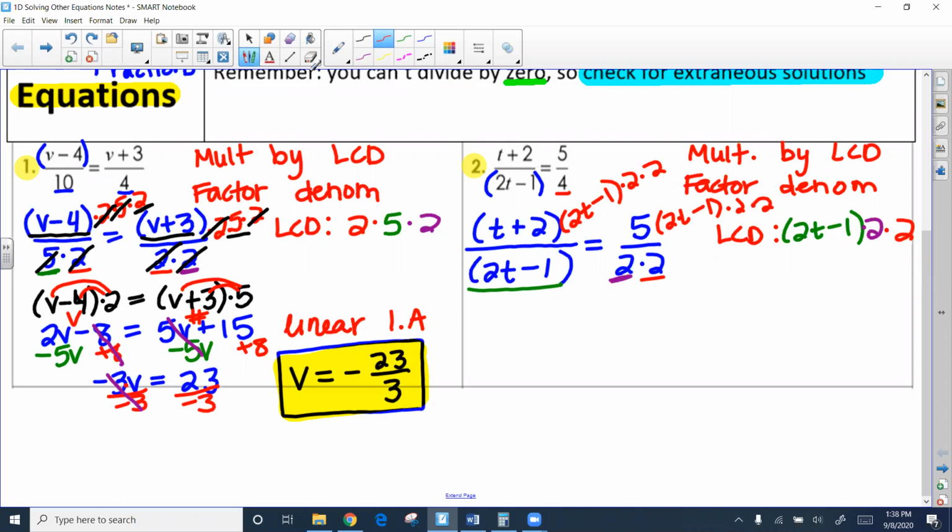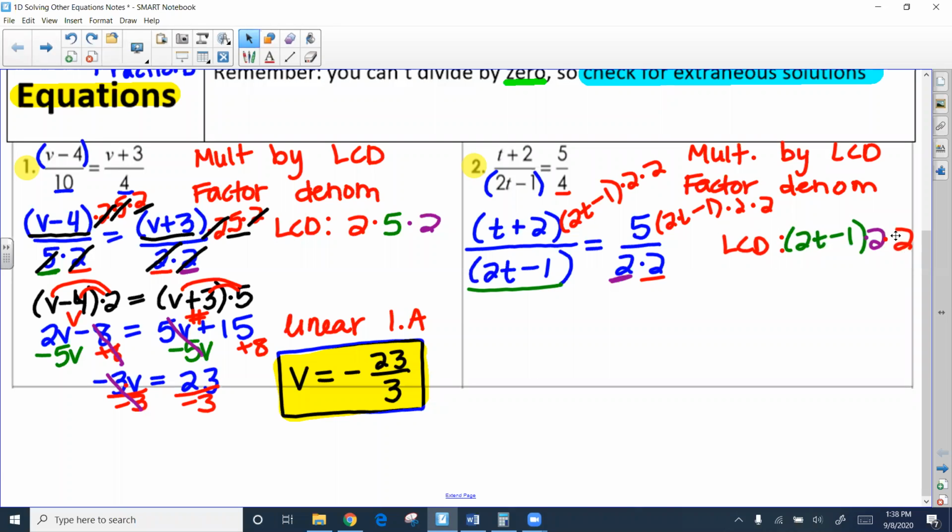Okay. So I take the time to actually write it all out because it really helps to see which factors are going to divide out.